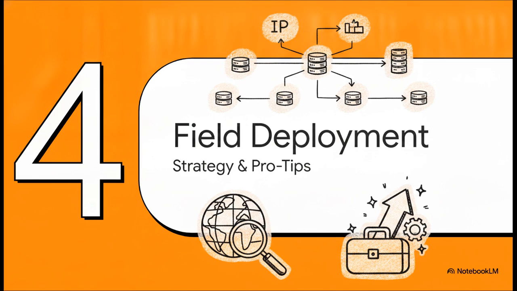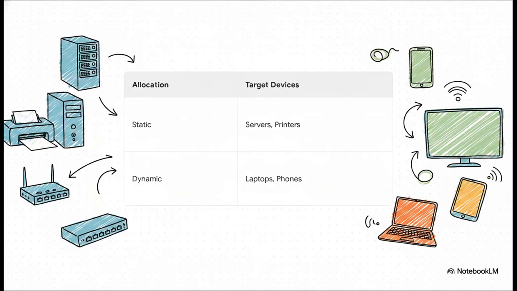So, let's take this out into the real world. Here is your field deployment strategy and the ultimate pro tip payoff. When you're out there deploying, common endpoint devices fall into 2 very distinct groups. First up, we've got the dynamic preferred group. Everyday user devices, things like smartphones, laptops, workstations, smart TVs, these thrive on dynamic allocation. These endpoints come and go, right?